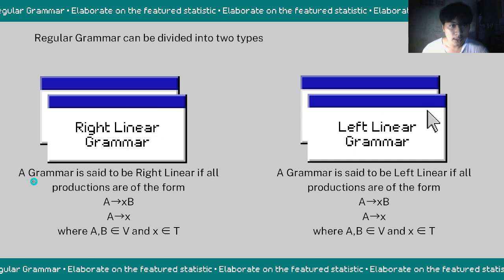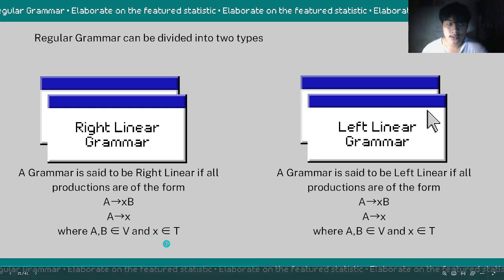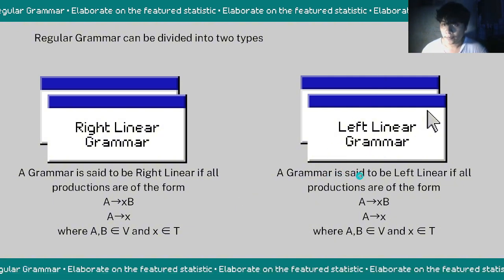Right linear grammar is a grammar that is in the production form of A goes to xB, A goes to x, where A and B are elements of V, and x is an element of T. Whereas left linear is a production of the form A goes to Bx, A goes to x, where A and B are elements of V, and x is an element of T.